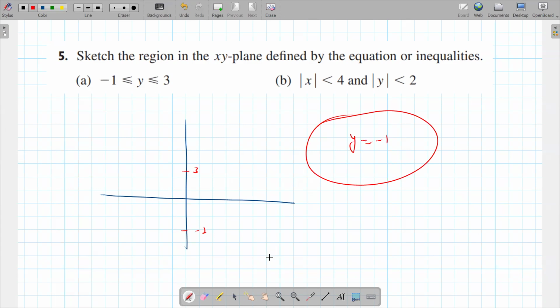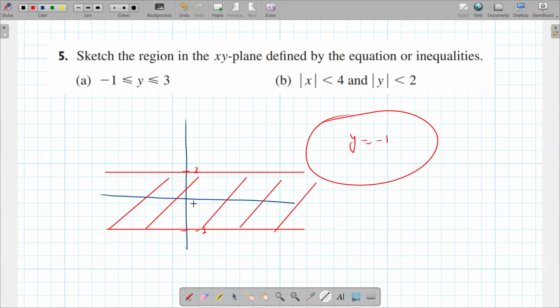Now notice that it's a closed circle because it's greater than or equal to. So it's not going to be a dashed line. It's going to be a solid line. So we're going to go through here at -1, and through here at 3. And this goes to infinity in both left and right directions. And now our y is the area in the middle. So the answer to this question is this shaded area between y equals -1 and y equals 3. Very simple.